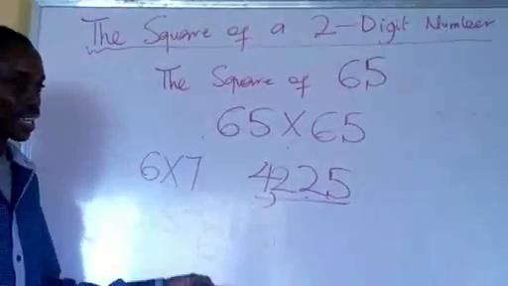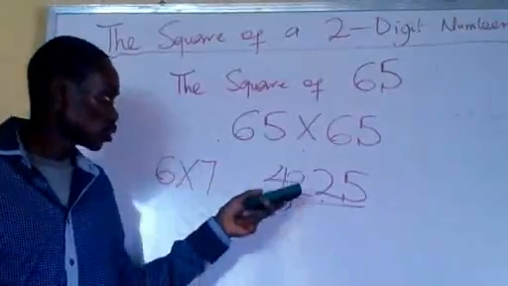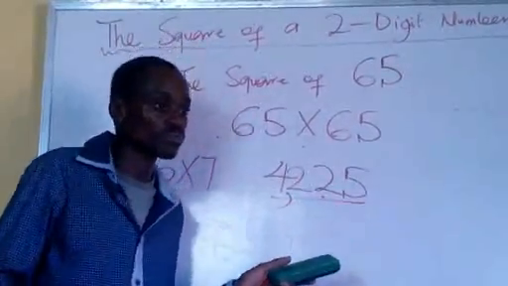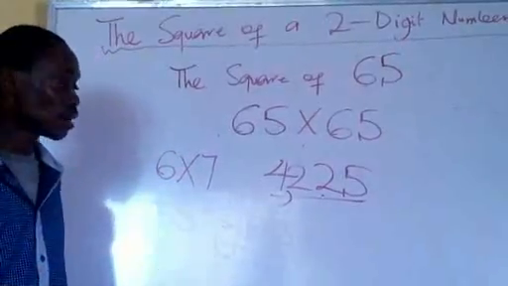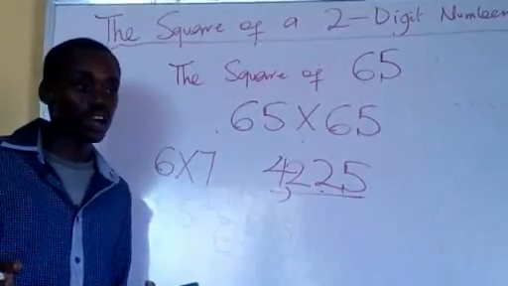So this method can actually be extended to any two-digit number that ends in 5. In our next example, we're going to be looking at how to obtain the square of 95.